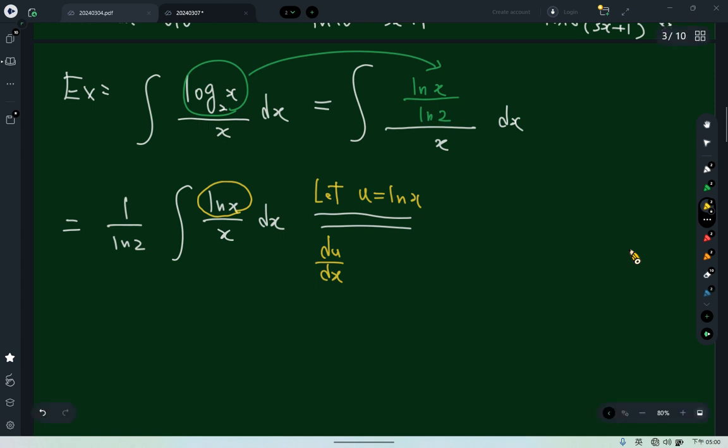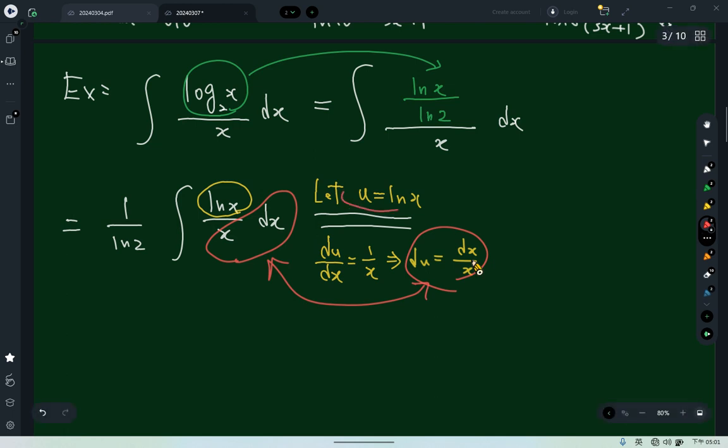So that will be 1 over x, so that dx will be du over x, right?